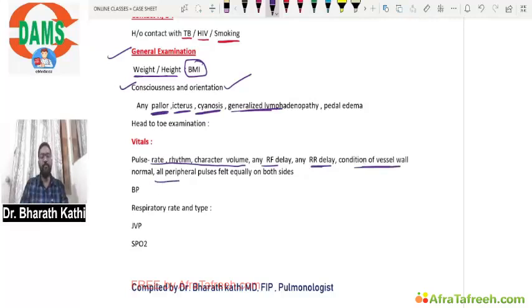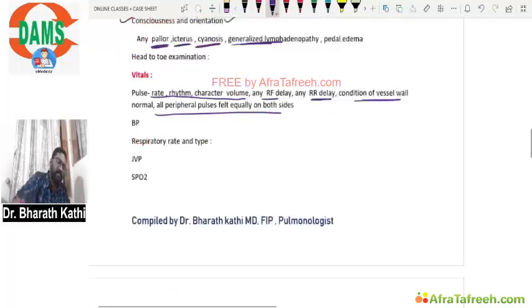Whether all peripheral pulses are felt equally on both sides. Then blood pressure, and what is the respiratory rate and type? Is it thoraco-abdominal or abdominothoracic? You can write the type, or else just write respiratory rate, and you see the JVP and mention the SpO2. Vitals should include pulse, BP, respiratory rate, JVP and SpO2.